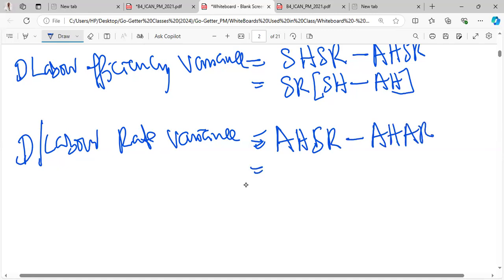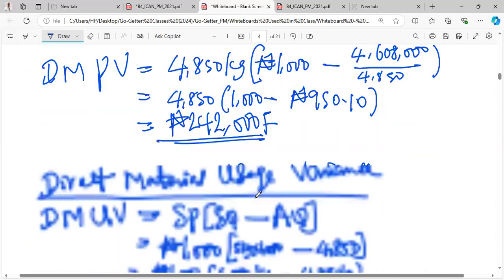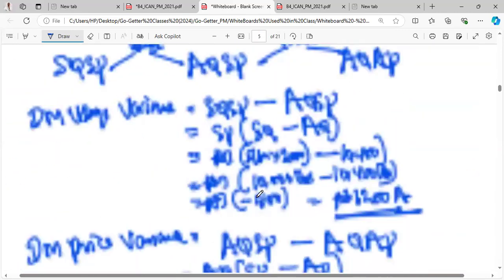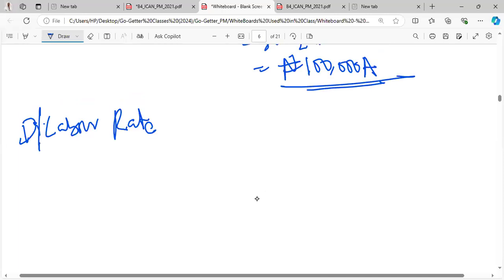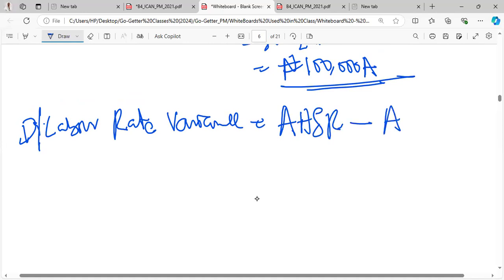So if you look at it, actual hours is common, standard rate minus actual rate. All right, so let's go back down here and derive it. So rate variance, we have actual hours standard rate minus actual hours actual rates.